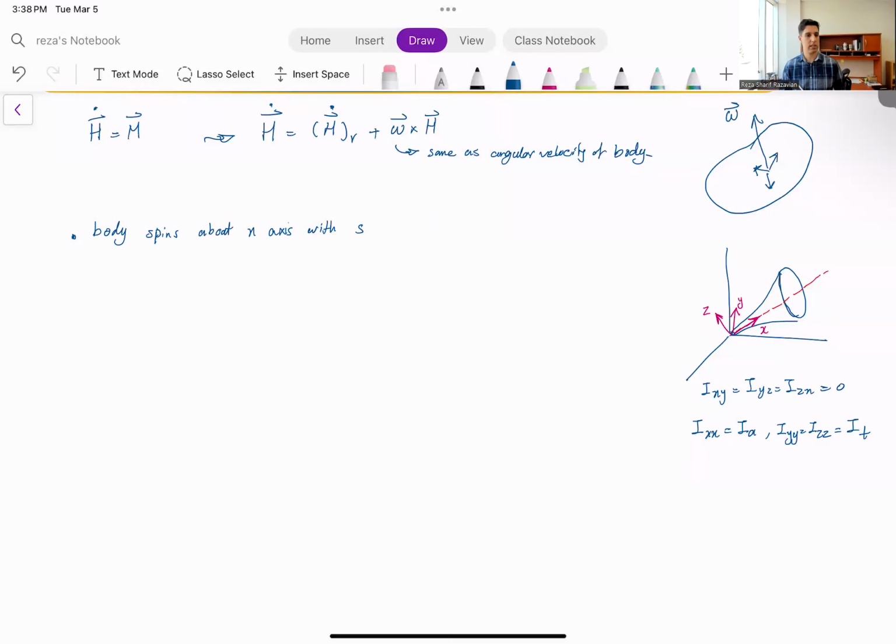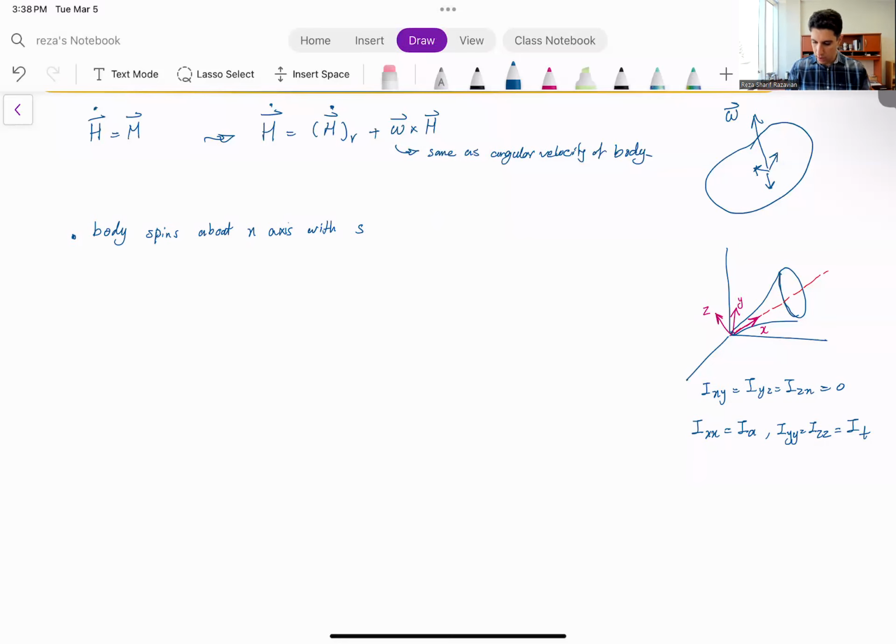So s is the spin rate about the x-axis. And remember that the frame is essentially tracking the center of the body, but does not rotate with it when the body rotates about its axis.